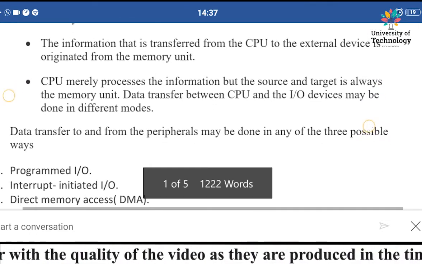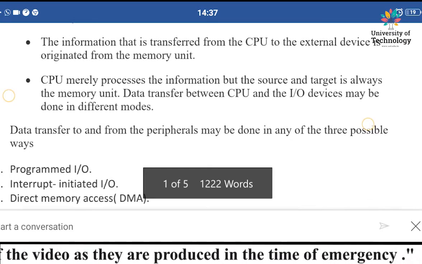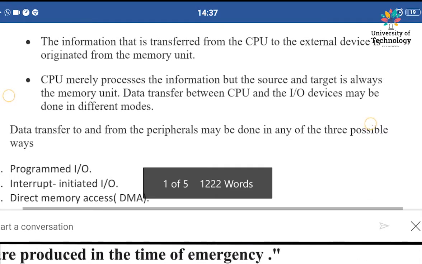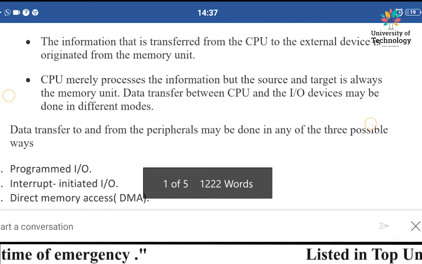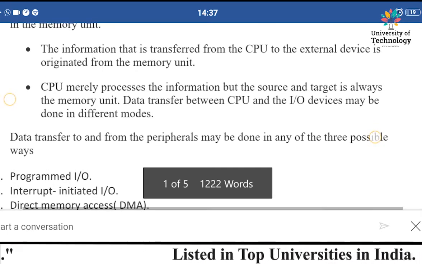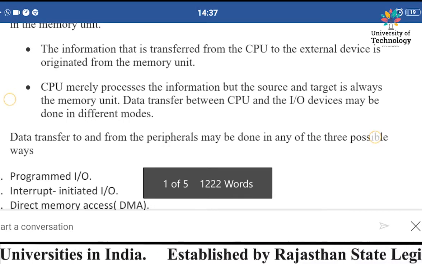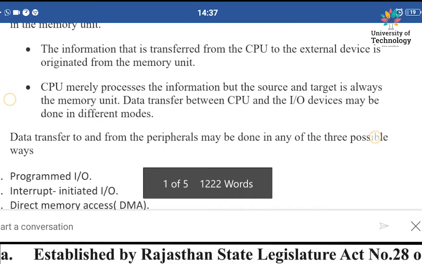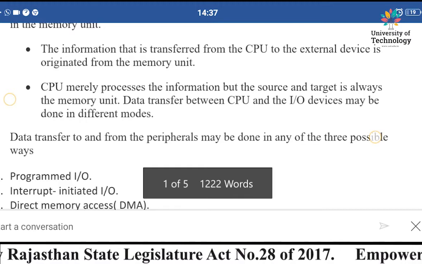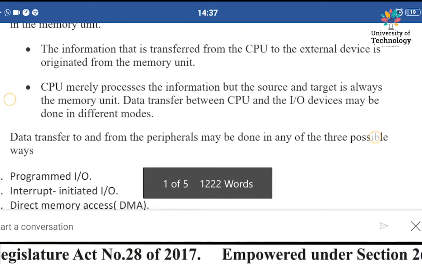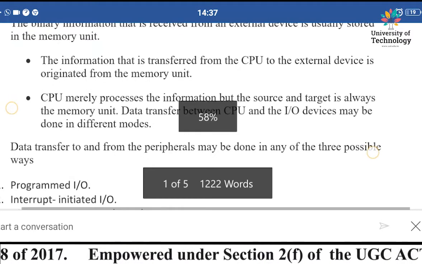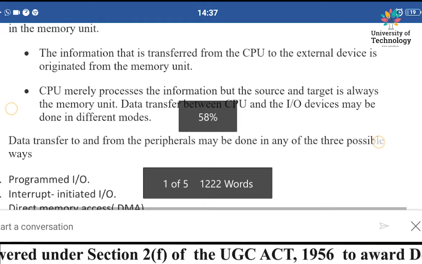And the information that is transferred from the CPU to the external devices originates from the memory unit. See what exactly is happening over here. We know that the data is being transferred in the form of binary units. What are those binary units? That is zeros and ones. The information is taken from the input devices to the memory unit.